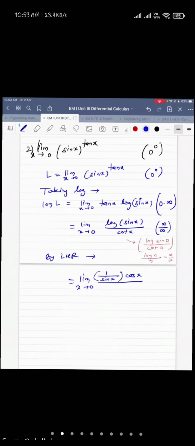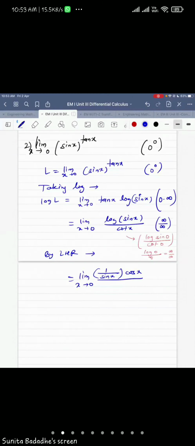What is derivative of cot x? Derivative of cot x is, no one is replying. Okay. It is minus cosec square x, right? Derivative of cosec x is cosec x cot x, but derivative of cot x is minus cosec square x.